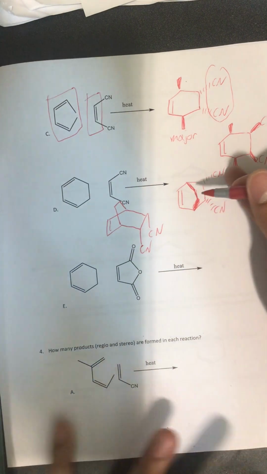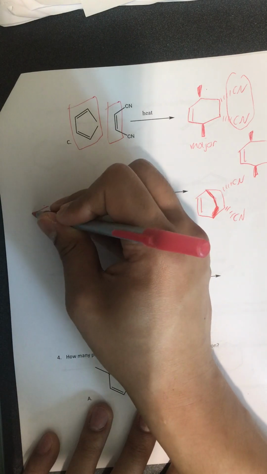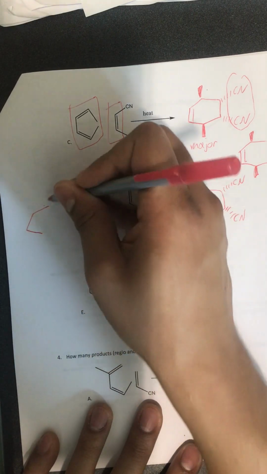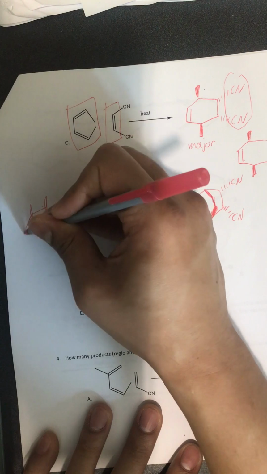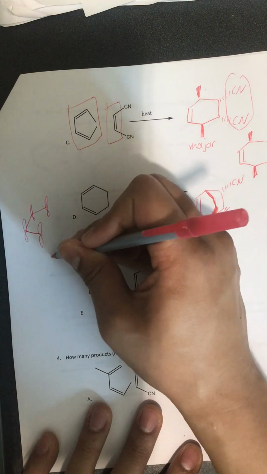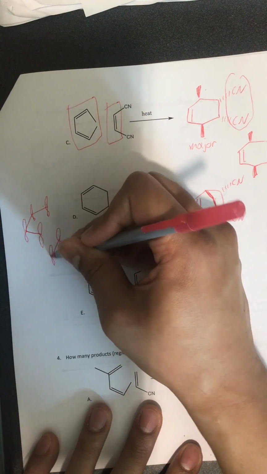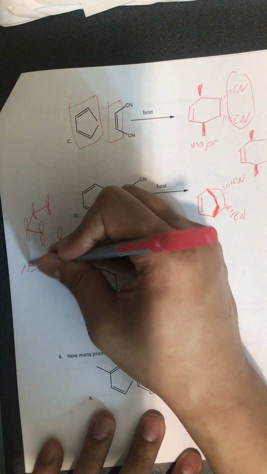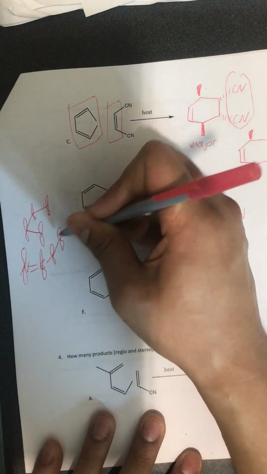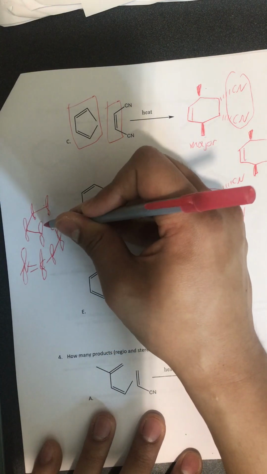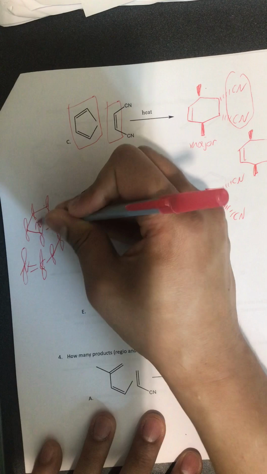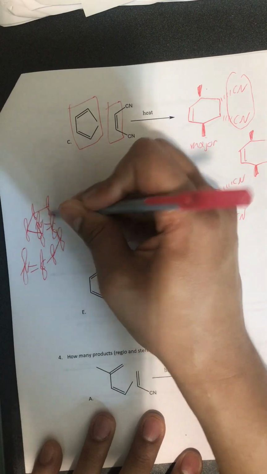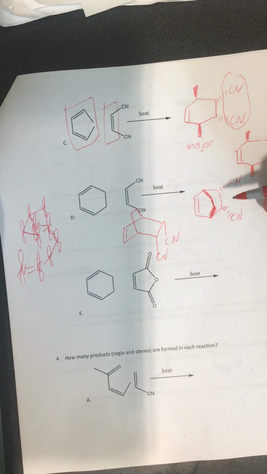And what happens is, in the transition state, when you have these p orbitals, and you have the dienophile here coming up, these CN p orbitals help stabilize the transition state, right? And so that's why they go dashed like that.